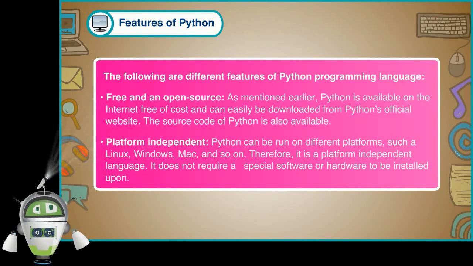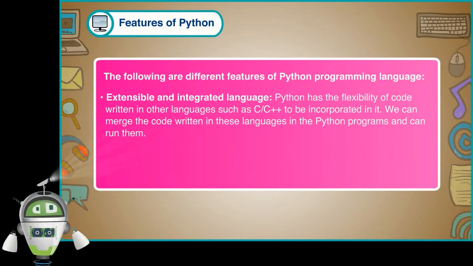Platform independent. Python can be run on different platforms such as Linux, Windows, Mac, and so on. Therefore, it is a platform-independent language that does not require special software or hardware to be installed upon. Extensible and integrated language. Python has the flexibility of code written in other languages such as C or C++ to be incorporated in it.